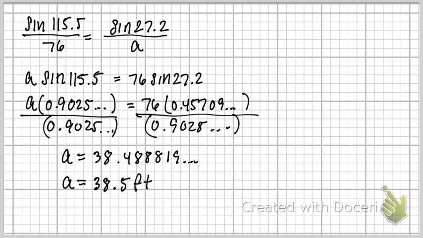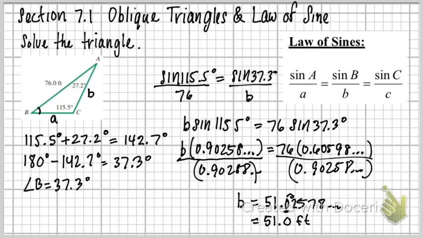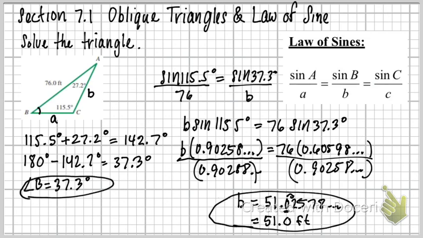So all three values, I have my little a here. Now I'll put them all together. I have my B equaling 51 feet, and then I have my angle B equaling 37.3 degrees. So there's the final answer for this problem.